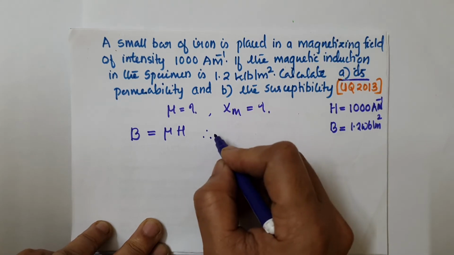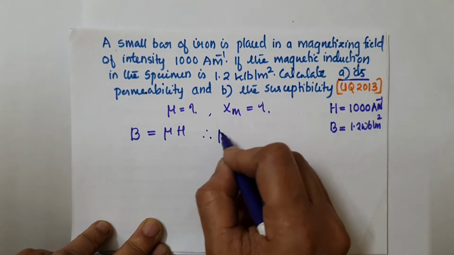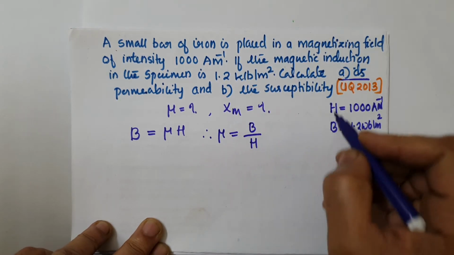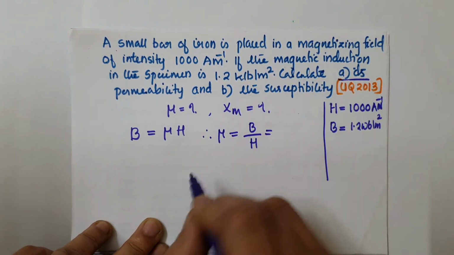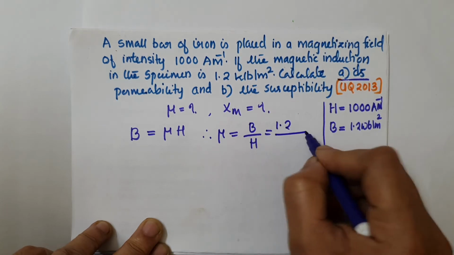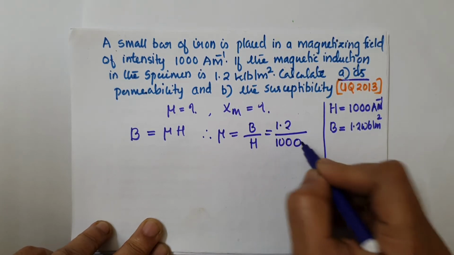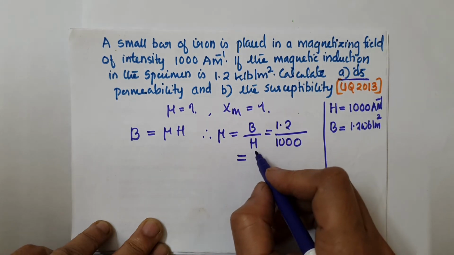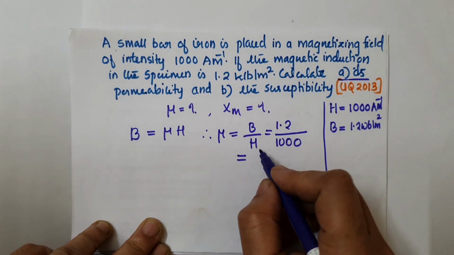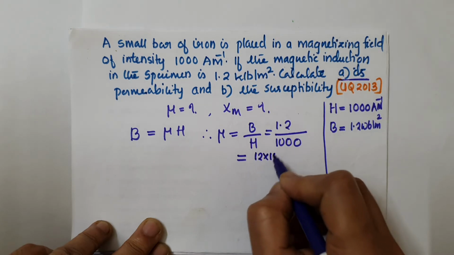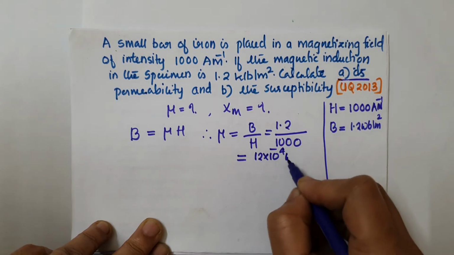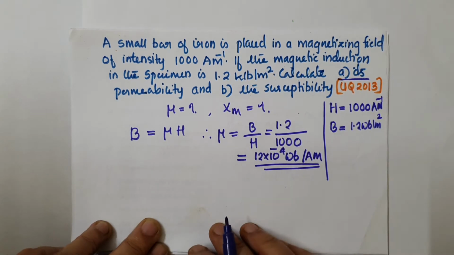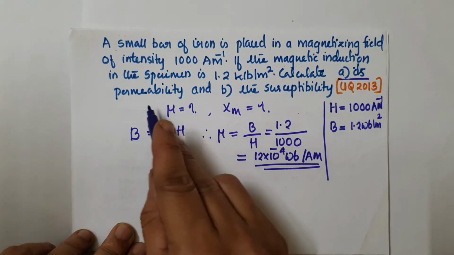Therefore, mu can be written as B by H, which is equal to 1.2 divided by 1000. Then mu will be 12 into 10 raised to minus 4 Weber per ampere meter. This is the value of mu, that is permeability.